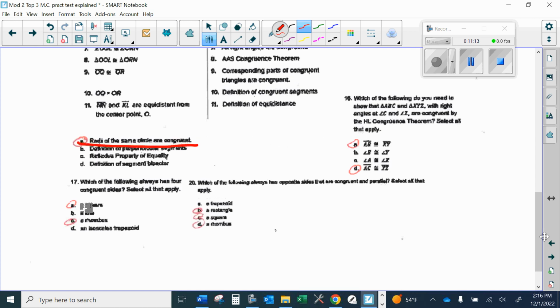What do you need to show that triangle ABC and XYZ, with the right angles at C and Z, are congruent by HL? So you want to draw this out. It says angle C, so A and B. Draw another one.